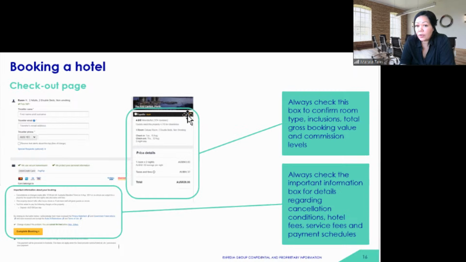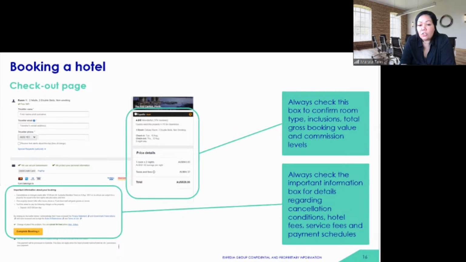You can hover over it or click into it to give you a breakdown of the commission earned on the total of your booking. This is just to double check that everything is to your liking and everything's correct. Also to double check that you are logged in correctly into TAAP so that your booking is tracked and you are earning commission.